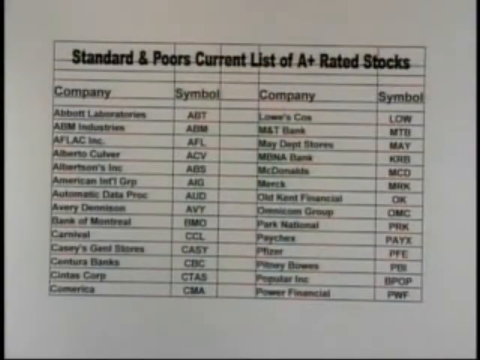Here's an example of some of them: Abbott Laboratories, Aflac Insurance, Alberto Culver, American International Group, Automatic Data Processing. So these are all companies that have had very consistent earnings and dividend growth. So these companies are worth taking a look at.